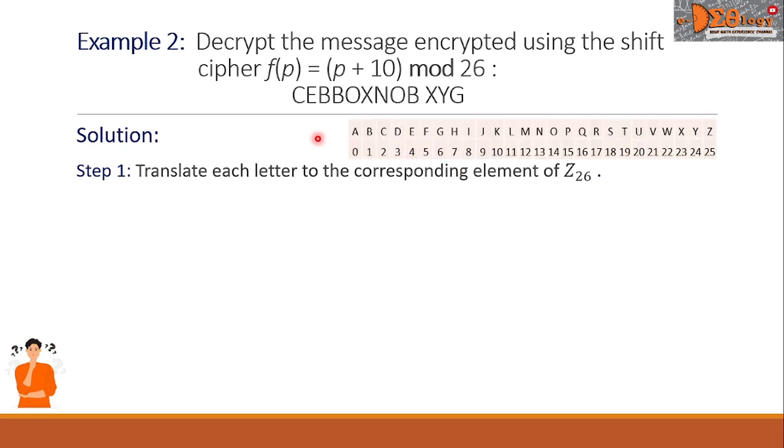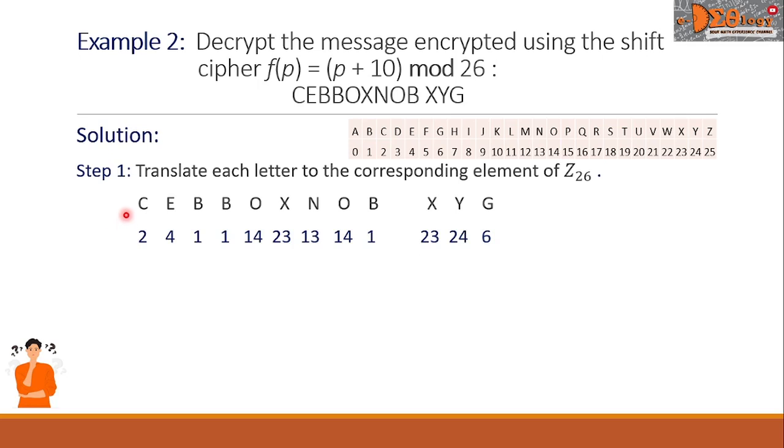Here is our table. So for the message, we write it here, and the numbers corresponding to each of the letters are here. C is 2, E is 4, B is 1, B is 1, O 14, X 23, N 13, O 14, B 1. Then X 23, Y 24, G 6.